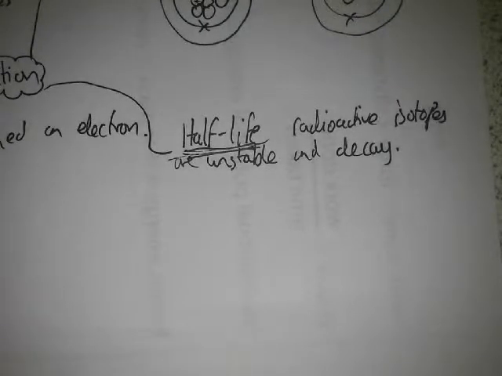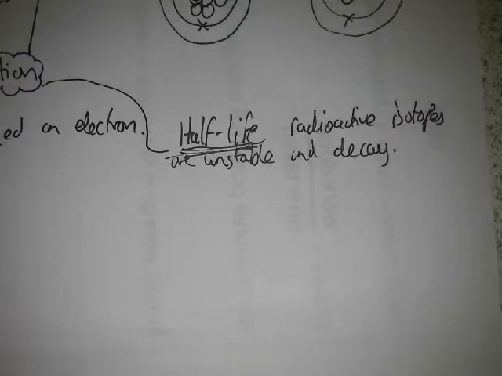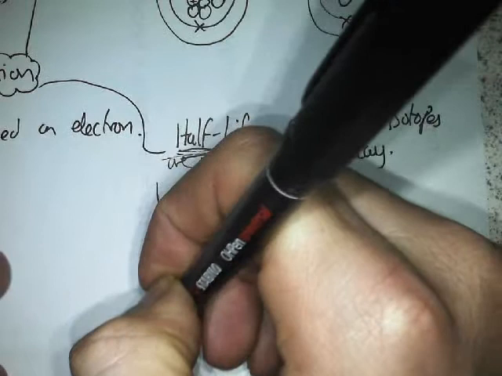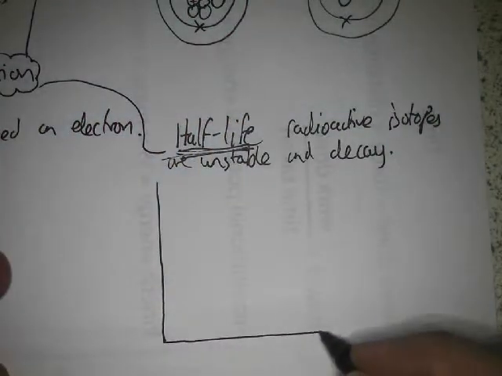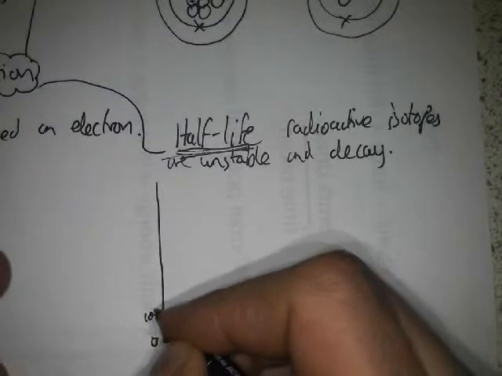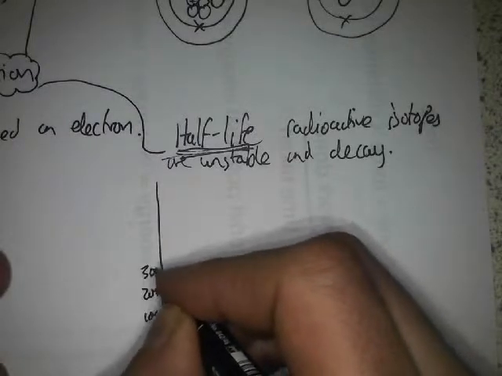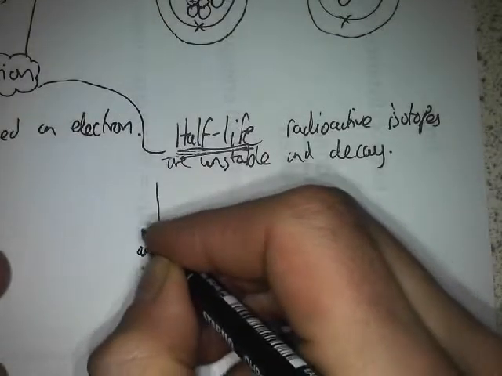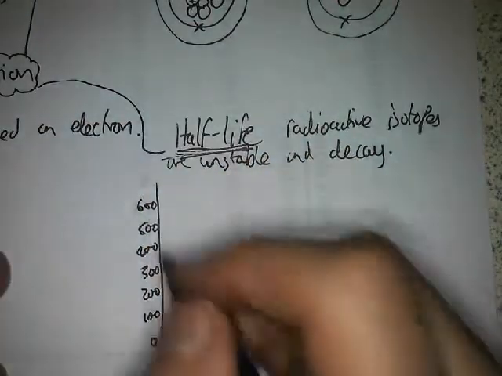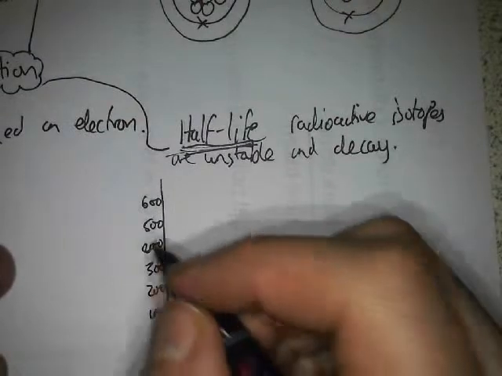And you can describe this rate by using a graph. And this is where you need to be able to work out half-lives from graphs. So you go 0, 100, 200, 300. Now this is not going to be accurate, is it? Because I'm just doing a piece of plain paper, not graph paper. I'm only doing it so you can get the idea.